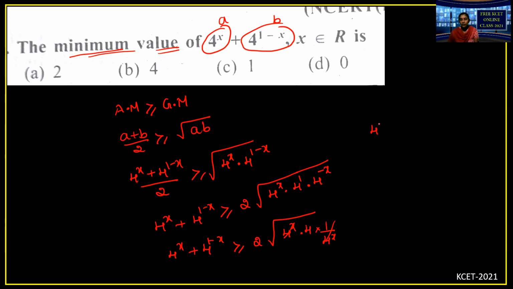So we remain with 4 power x plus 4 power 1 minus x is greater than or equal to twice the square root of 4, which is 2. So this is greater than or equal to 4. The minimum value of 4 power x plus 4 power 1 minus x is 4. Option B is the correct answer.